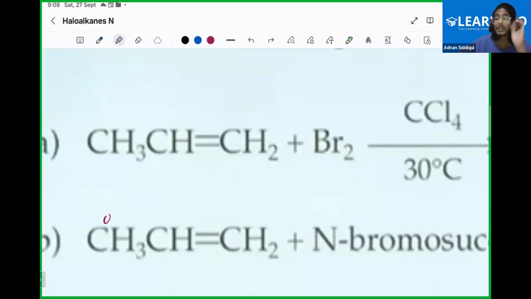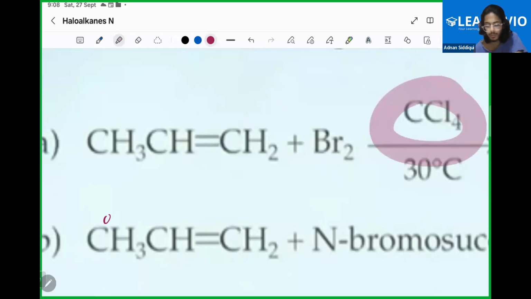What is special here? Here they use CCl4, which is an inert solvent. Very good. So what are you going to get? Simple bromine addition, with both bromine atoms adding across the double bond.